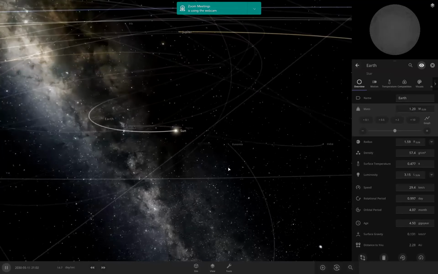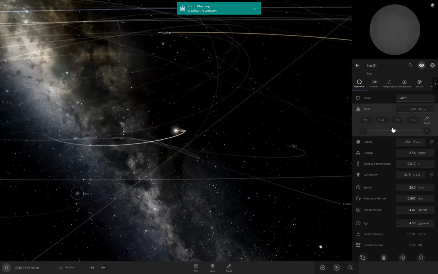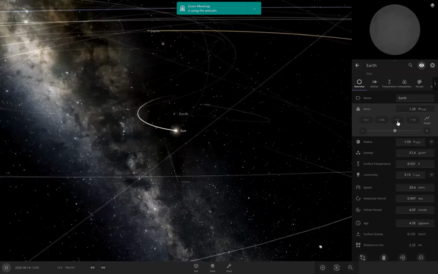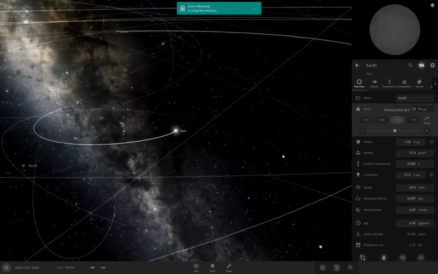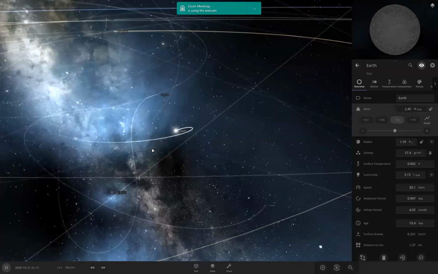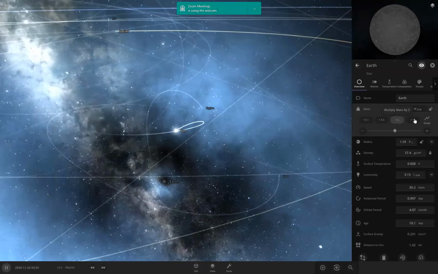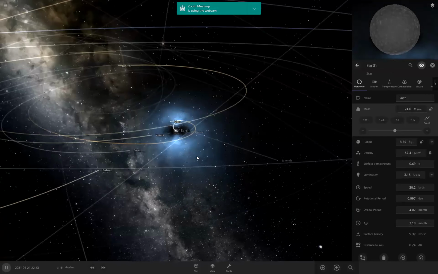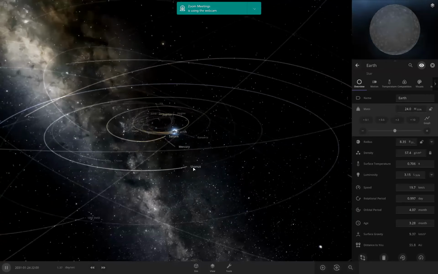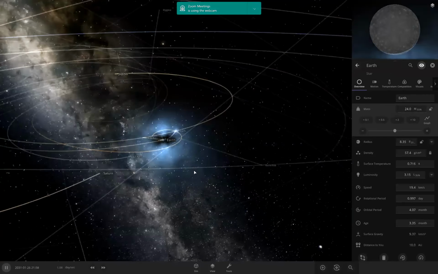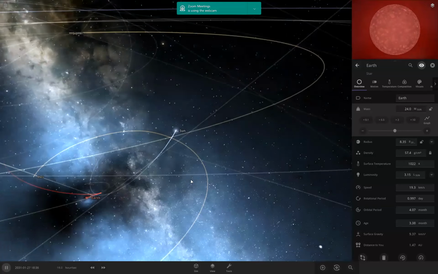Now there's something happening with the Earth because Earth's mass became so much. If you make the Earth's mass even more, Earth is becoming a neutron star. If you make it more massive, Earth becomes a black hole. You can see all the orbits are getting messed up. Sun went away somewhere.